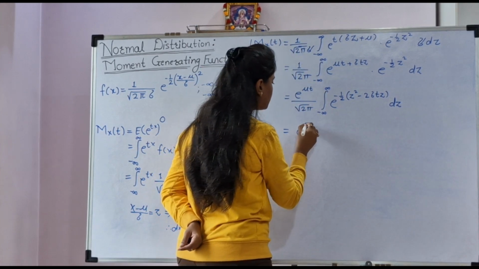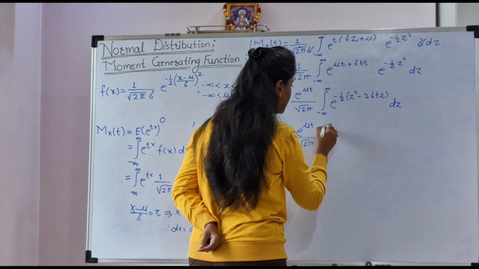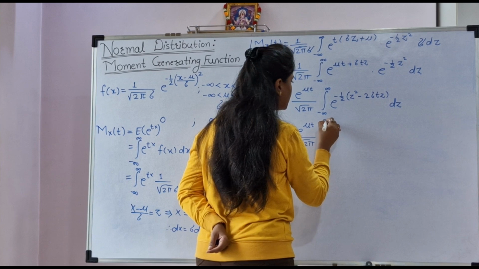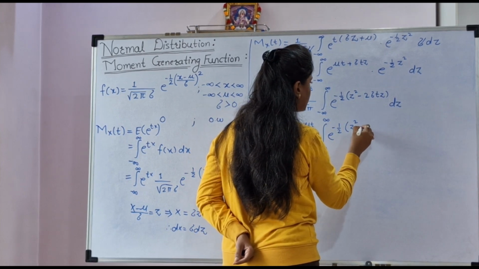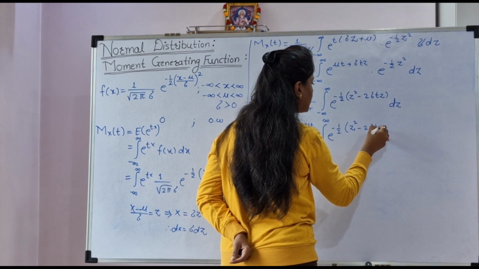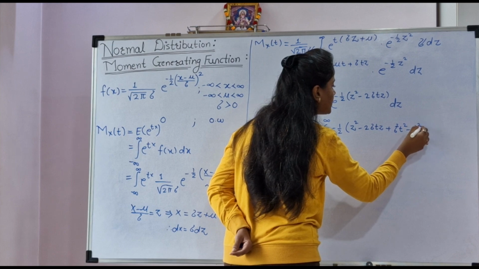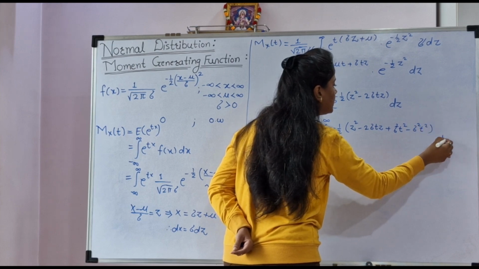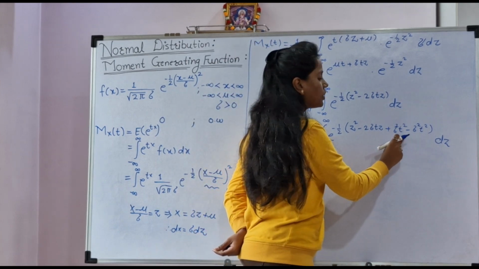We will get e to the power mu t upon root 2 pi, integration from minus infinity to infinity of e to the power minus half (z square minus 2 sigma t z plus sigma square t square minus sigma square t square) dz.